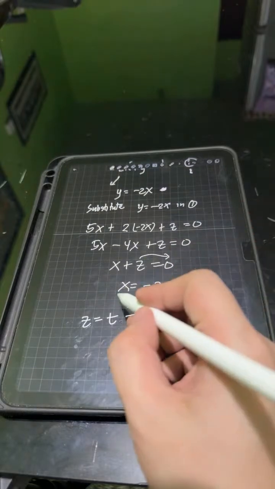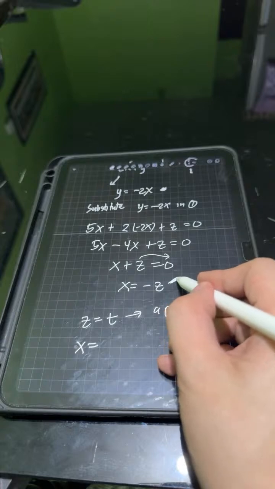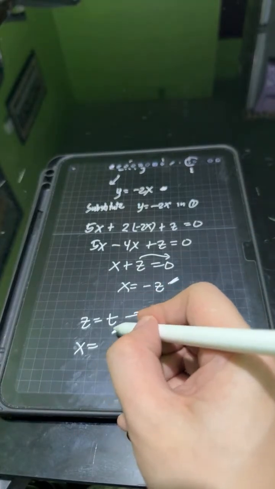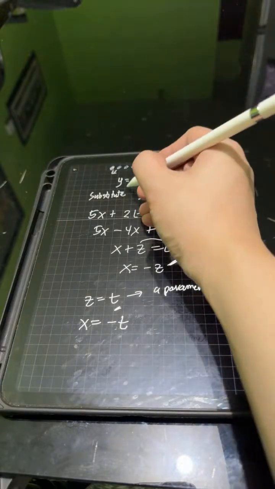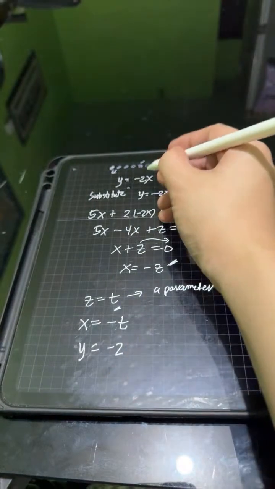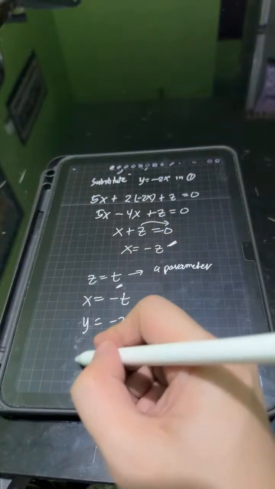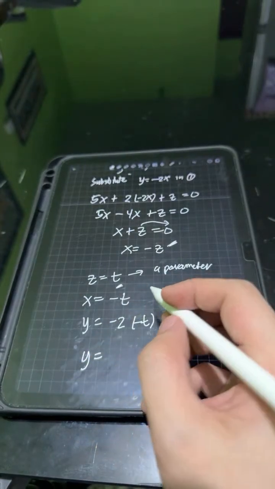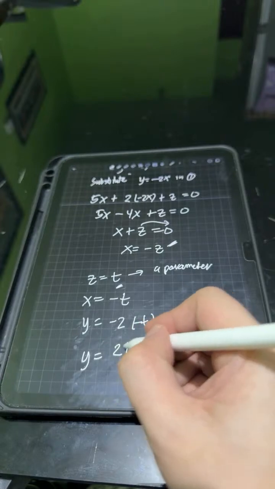Substituting x is equal to negative z, which is now negative t. Then substituting into y equal to negative 2 times x, where x is now negative t, we have y is equal to negative 2 times negative t, or positive 2t.